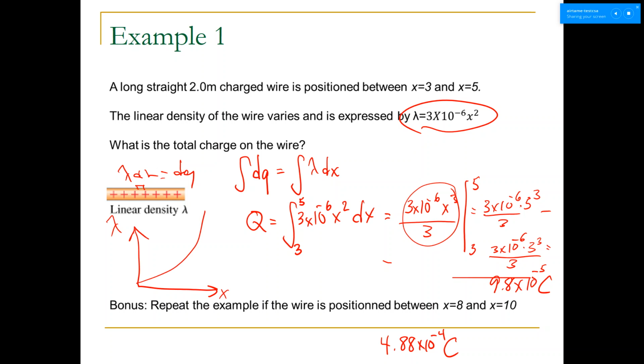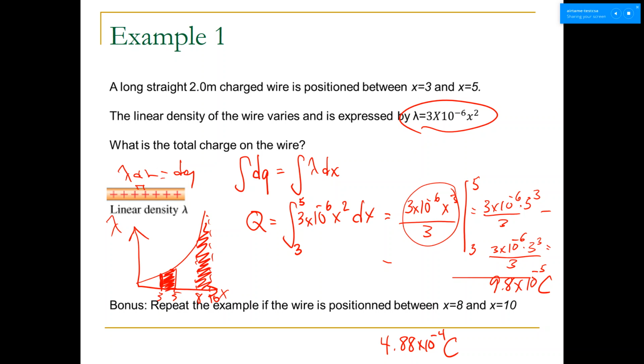We took the area underneath the curve between 3 and 5 to find the charge. Whereas if we did this between 8 and 10, the area underneath is a little bit different. So of course the charge is going to be more, because the area underneath that curve is more.